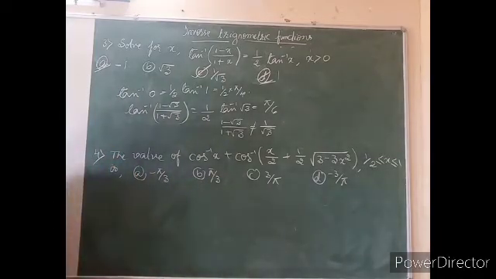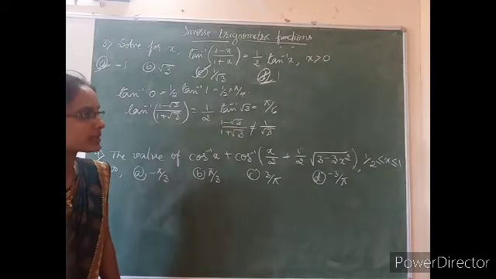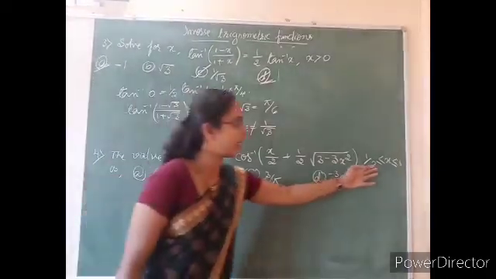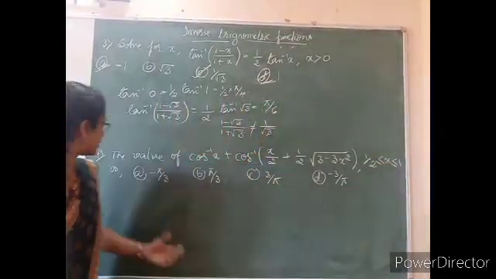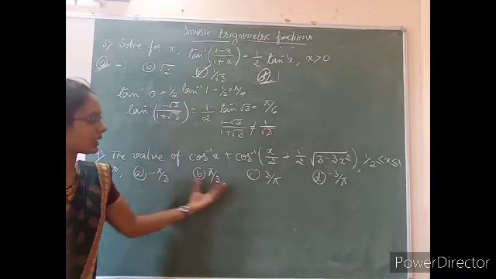Then the fourth one: the value of cos inverse of x plus cos inverse of (x divided by 2 plus 1 by 2 into square root of 3 minus 3x square). X is in between 1 by 2 and plus 1 here. So you have to check these answers.